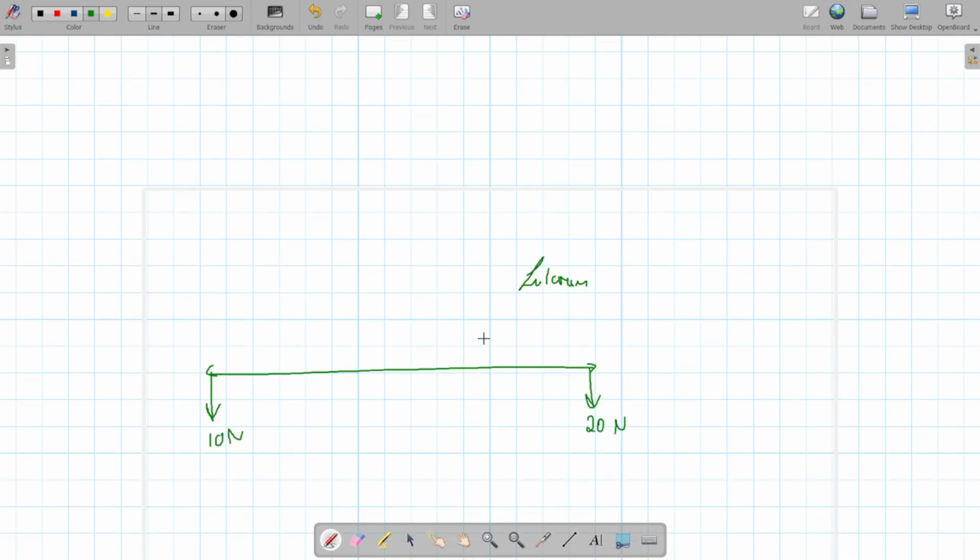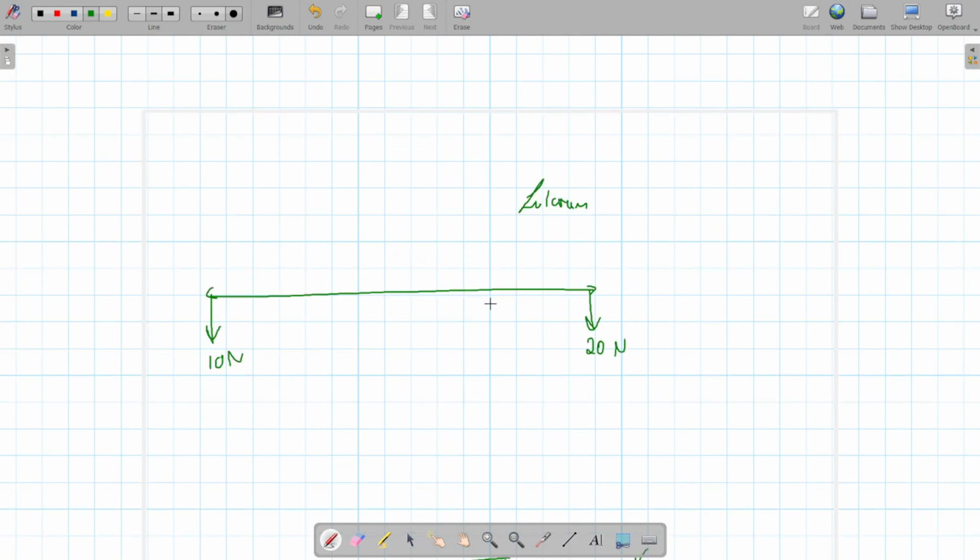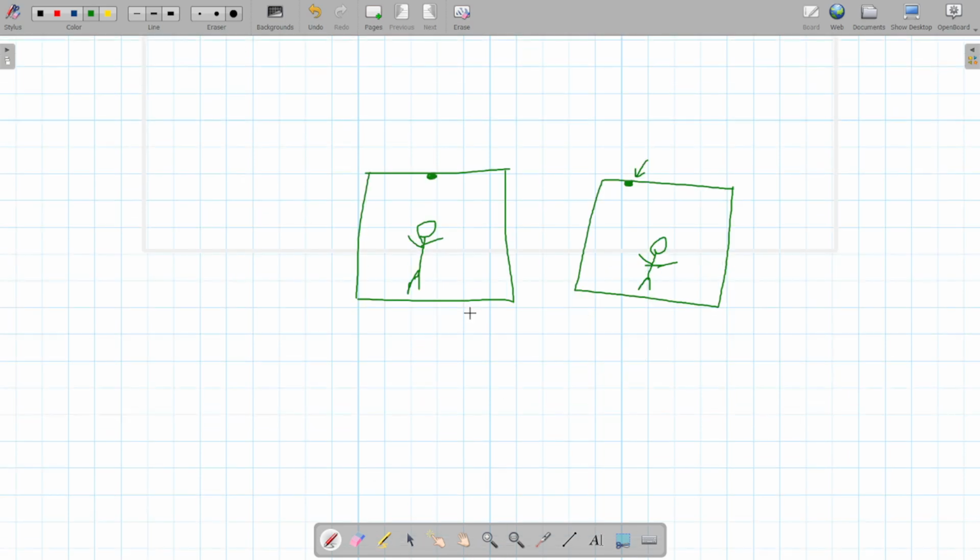The whole goal of this experiment is to find the center of moments, so that the moments cancel out and it stays even. It doesn't bend, it doesn't move left or right. So obviously here, if both masses are equal, it's going to be in the middle, and if you move it to the left, the painting is going to hang like that.